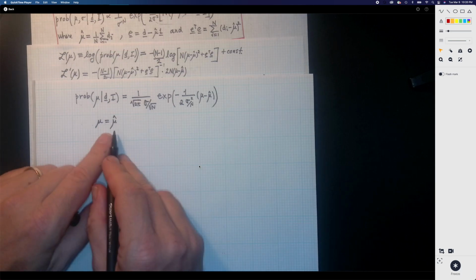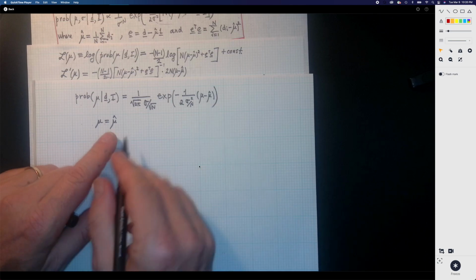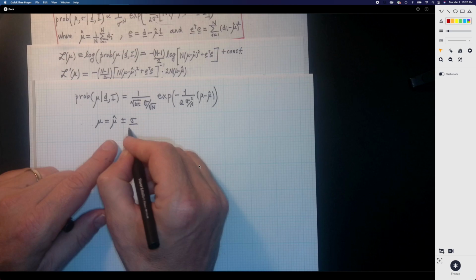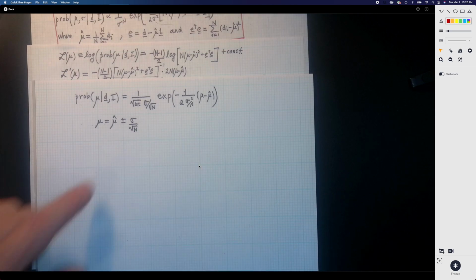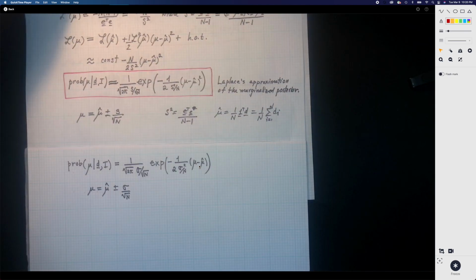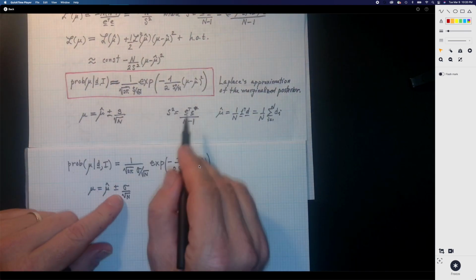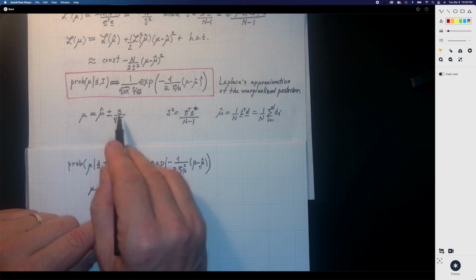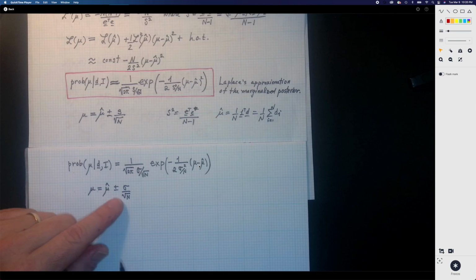The estimate would be the same average, but now the error bar would be plus or minus sigma over root n. So this looks a lot like this expression, except here we use the actual precision of the measurements. So S is an estimate of what sigma is.